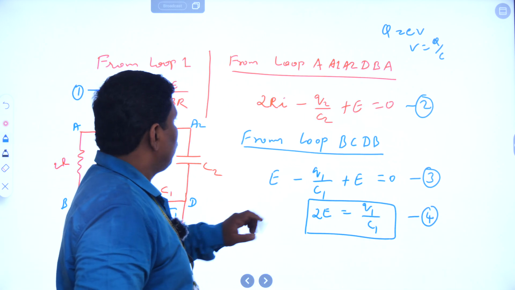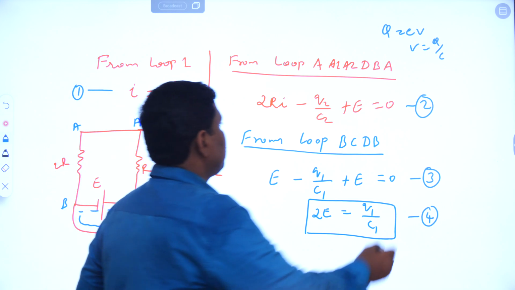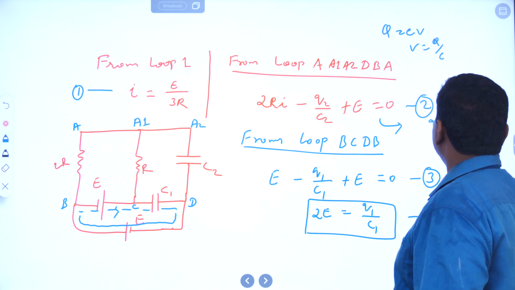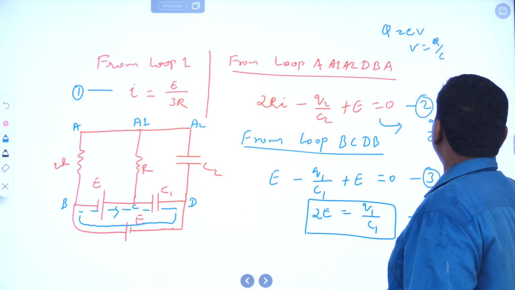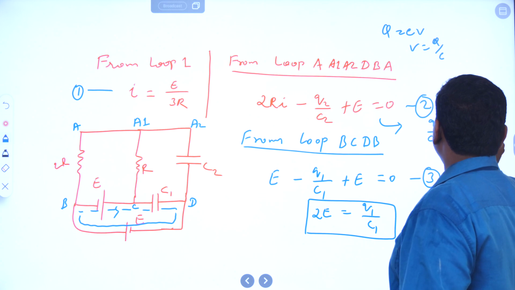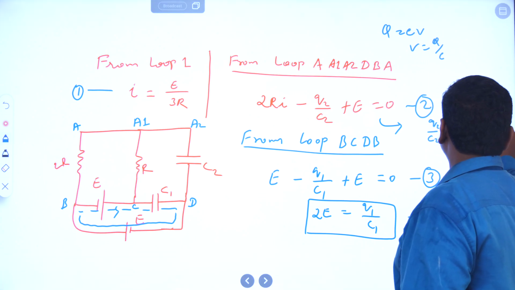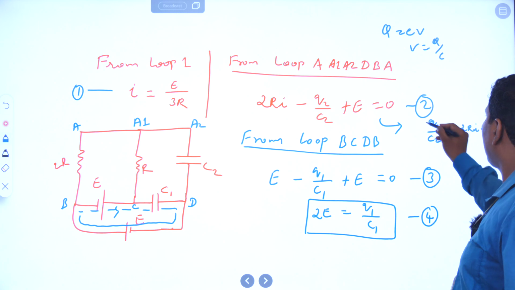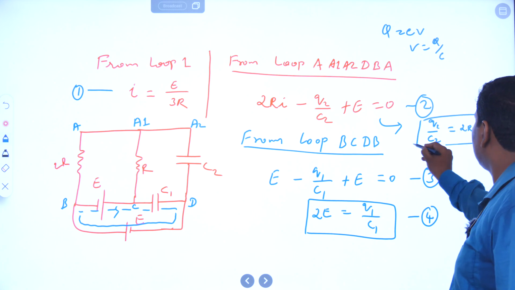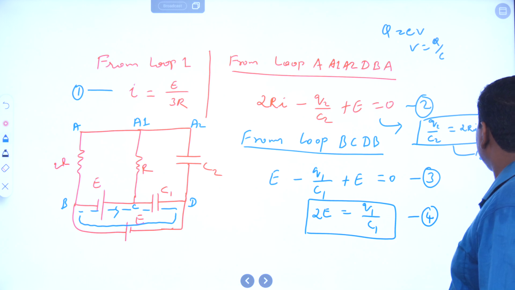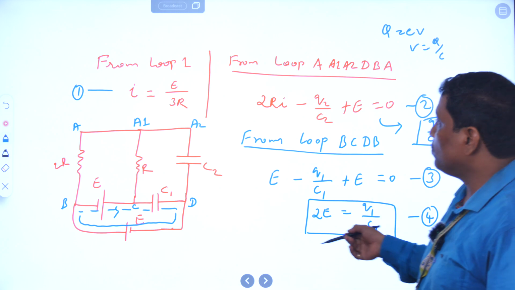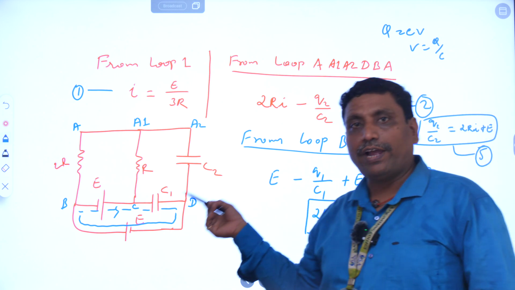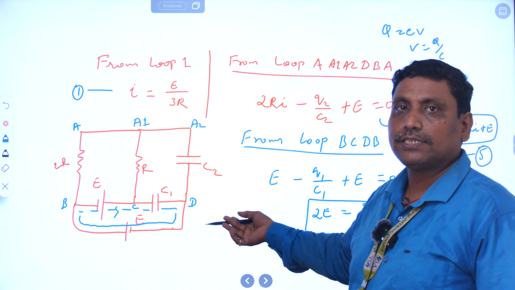Okay, so now from the second equation, Q2 divided by C2 equal to 2Ri plus E. We can consider this is equation number 5. Now in the next step, using equations 1, 4 and 5, try to find the ratio C1 divided by C2.